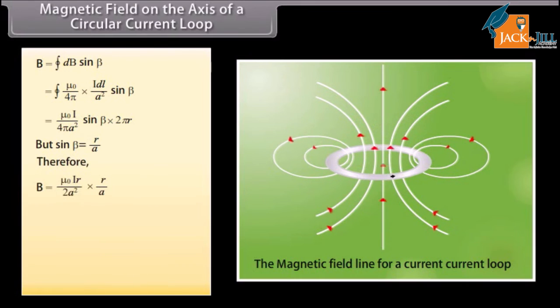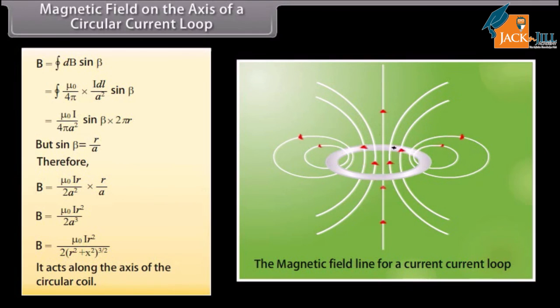Therefore, total magnetic field at P is equal to mu naught I r square divided by 2a cube. We can also write this equation as mu naught I r square divided by 2 times r square plus x square within parentheses raised to the power 3 by 2. This magnetic field acts along the axis of the circular coil.